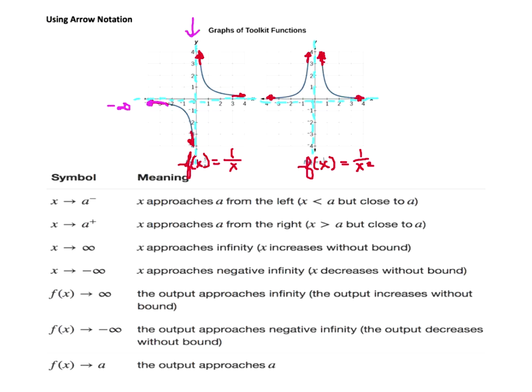So as my x values are approaching negative infinity on my 1 over x graph, my rational function graph, as those x values go more and more negative, my y values, or my output, get closer and closer to 0.